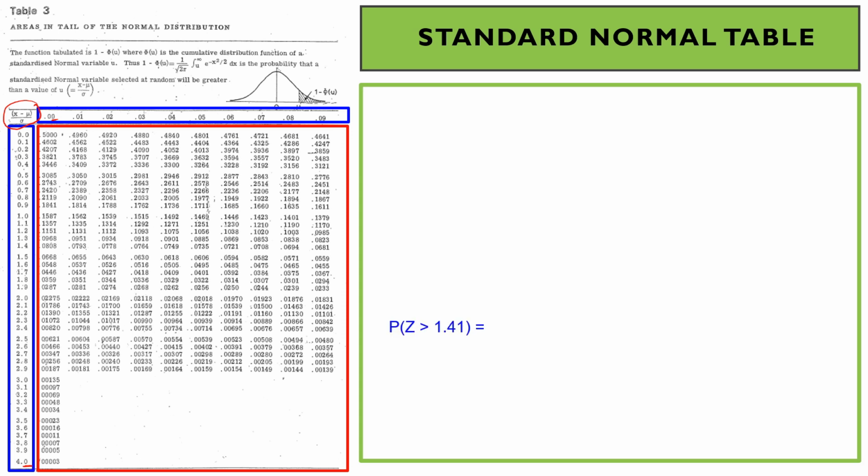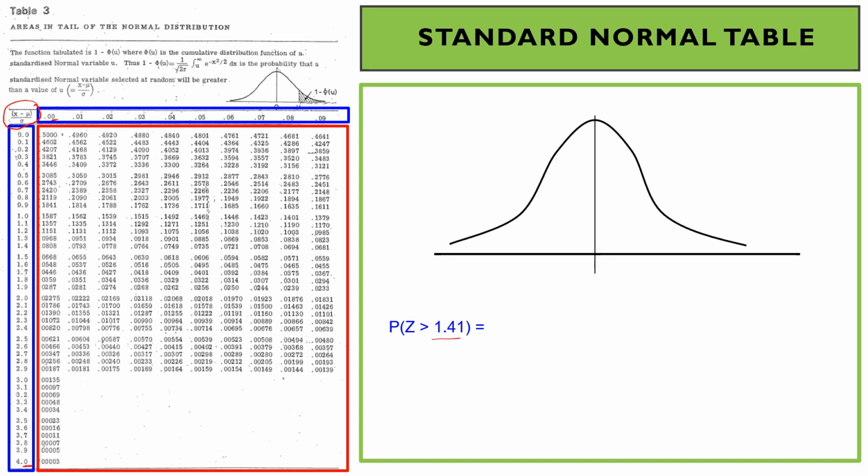Let's look at an example. Let's say find the probability of Z more than 1.41. Where is the shaded region? Normally we can draw the shaded region as a guideline to find the probability value. Why? The standard normal table is based on the smaller region.